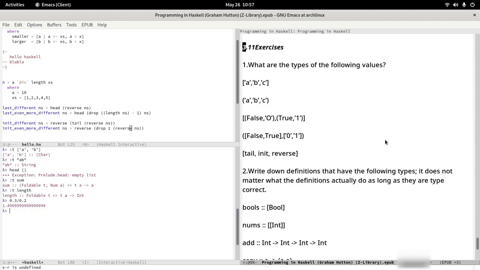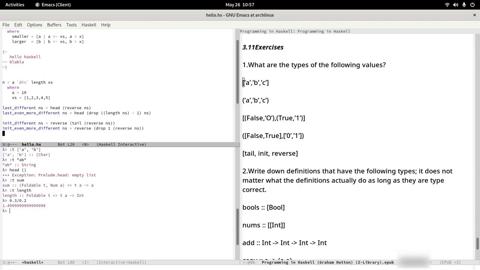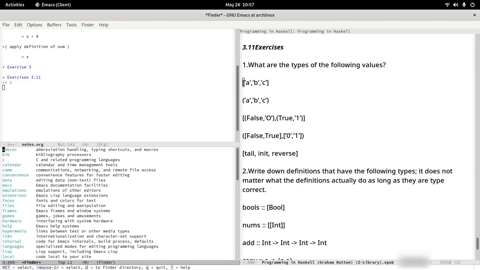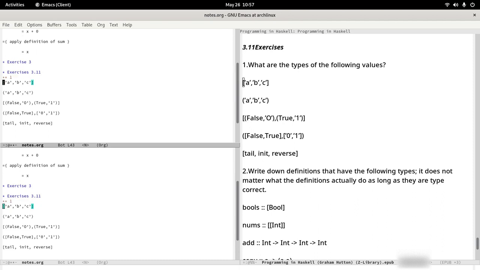3.11 Exercises. What are the types of the following values? Notes. What is this? Okay. This is a list of characters.